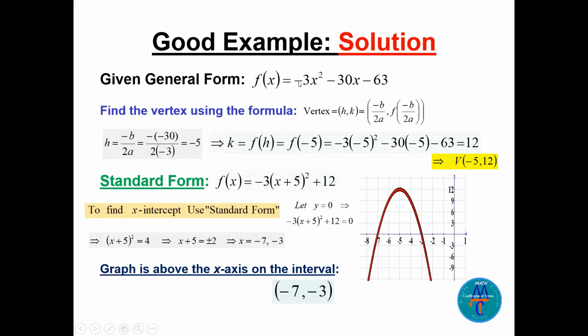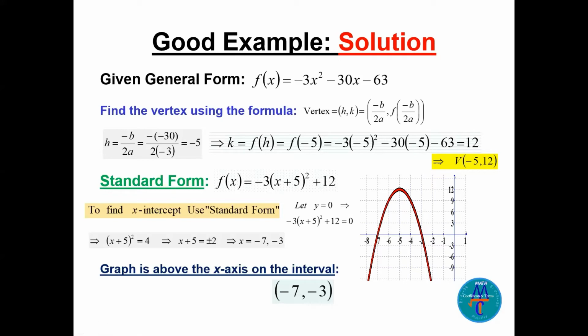You see this minus 3 is negative. So this is the graph, a parabola opening downwards. So we have the maximum here. The maximum is at 12, and the highest point is minus 5 and 12. So that's the vertex. It can be the highest point. Only the a, guys, only the a.